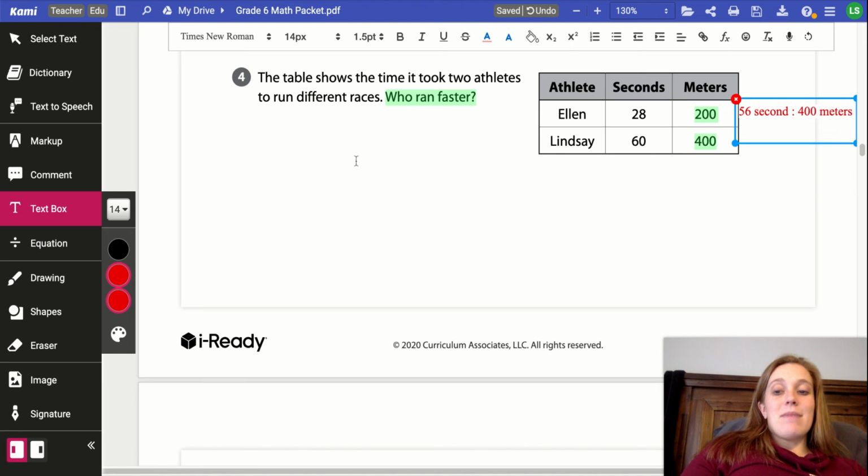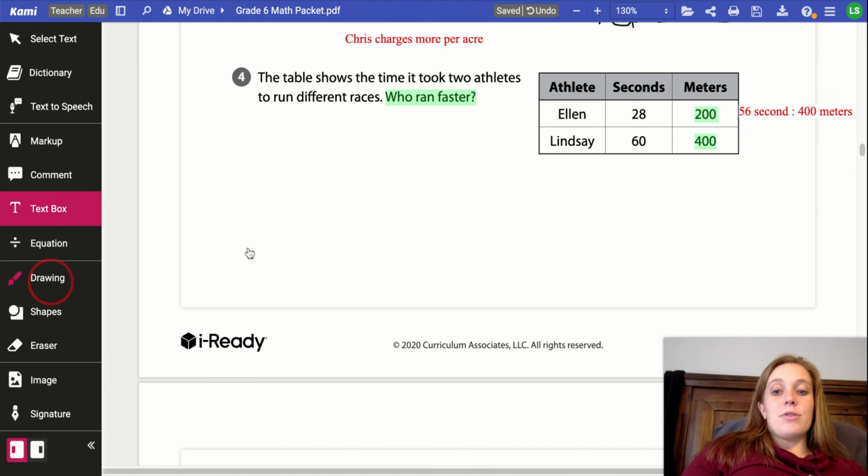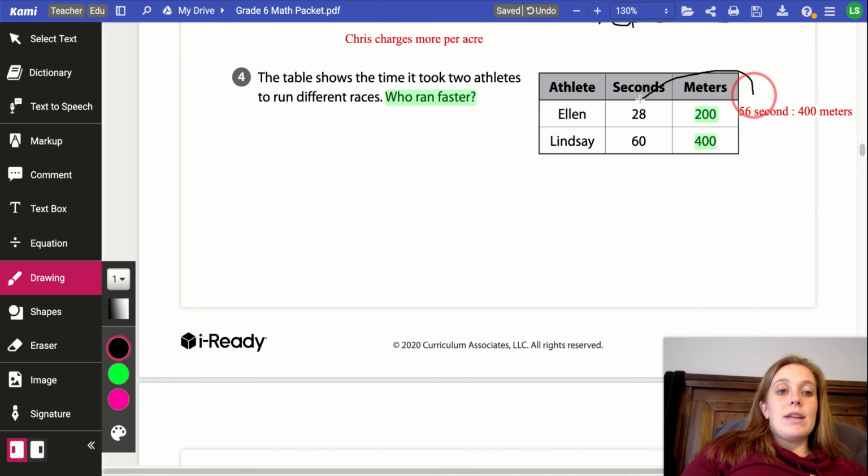And I got that by multiplying both of those by 2. So 28 times 2 is 56, and 200 times 2 is 400. Now I have a common number.